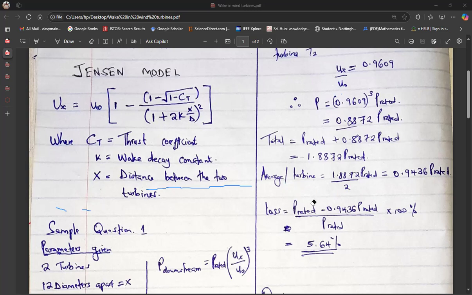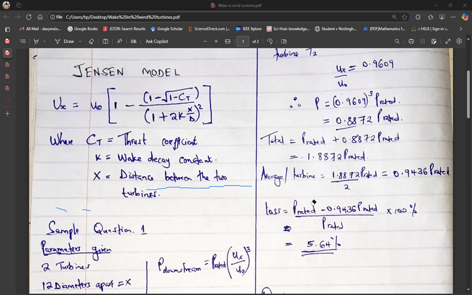Now, that is a case where we have only two turbines. And these two turbines are arranged in such a way that they are parallel to the direction of the wind.